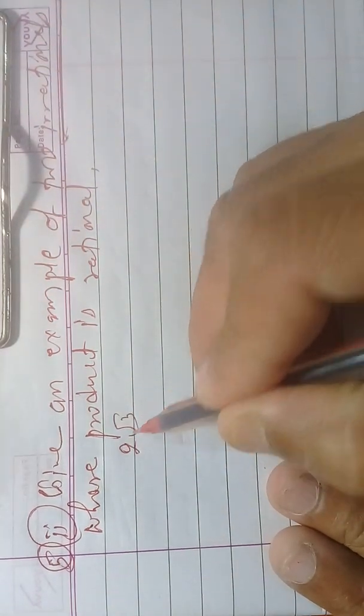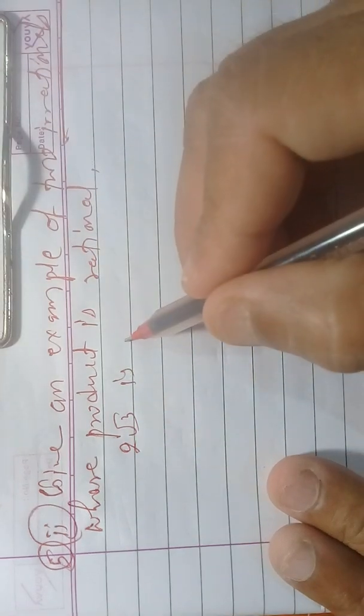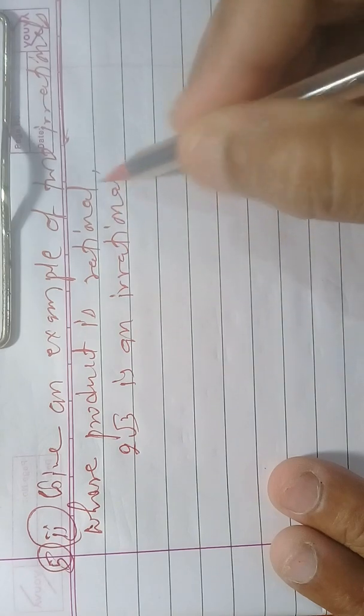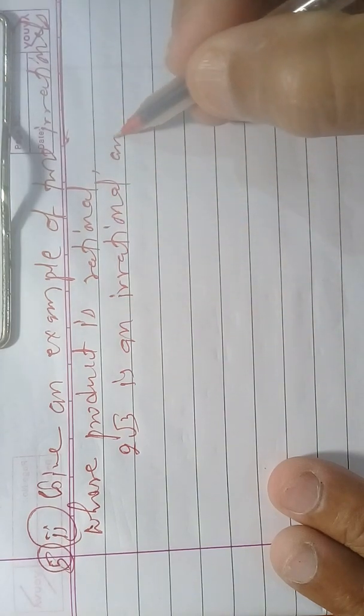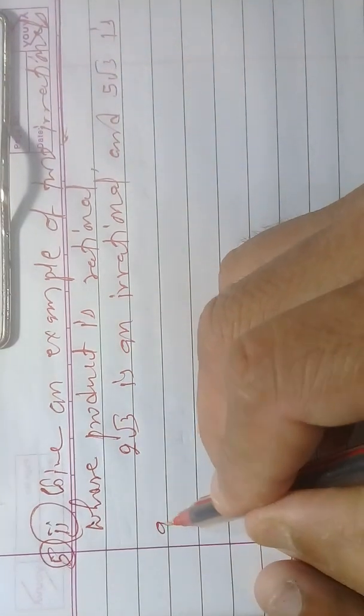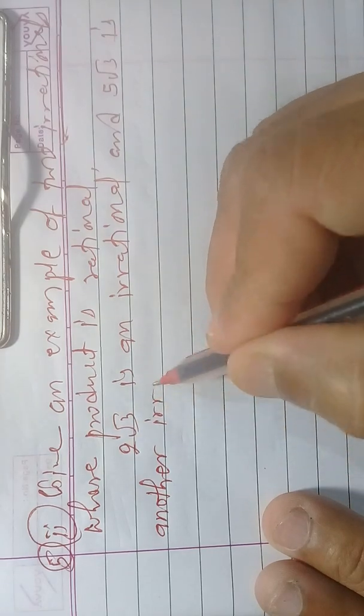Two irrationals: 2 root 3 is an irrational and 5 root 3 is another irrational.